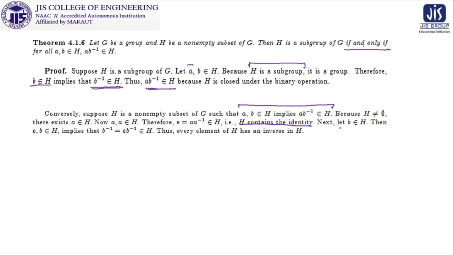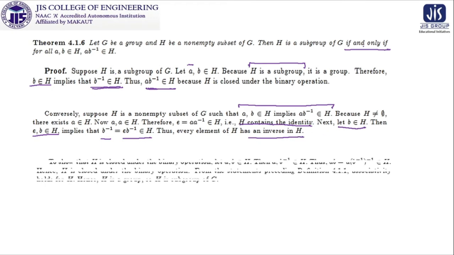Next, if we consider b in H, already we have considered a in H, then e and b are also in H, which implies b inverse, which is e b inverse, is in H, because b inverse is nothing but e b inverse. Thus every element of H has its inverse in H.